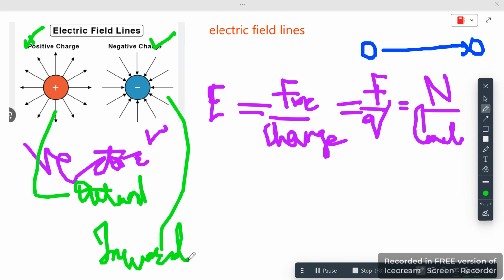Yes, so electric field lines and electric field intensity were both introduced by Faraday. I'm just writing F for Faraday.